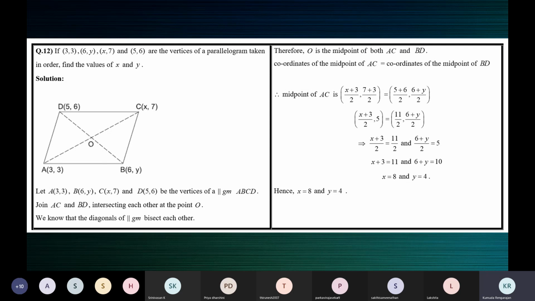Yes, if you didn't get 8 and 4, please get your doubts clarified. Mostly you would have gone wrong. It was a calculation mistake. Yeah, okay.